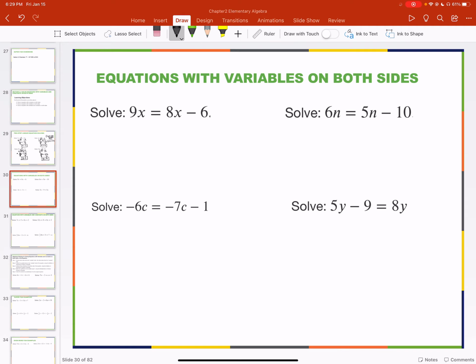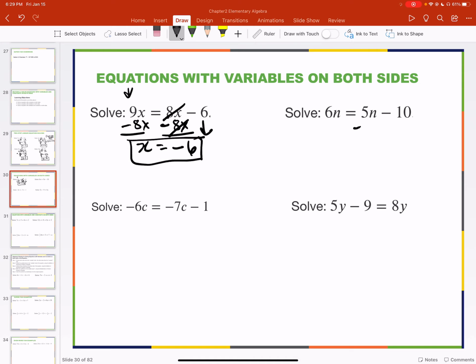So let's say I want to get all the variables on the left-hand side. I'm going to subtract 8x, because it's positive, from both sides. That cancels out on the right-hand side. And on the left-hand side, 9 minus 8 is 1x. Then I'm going to bring down this minus 6. And that is it for this problem.